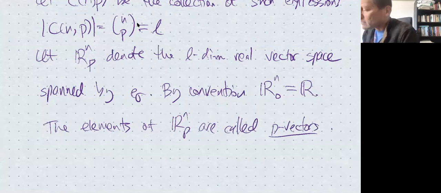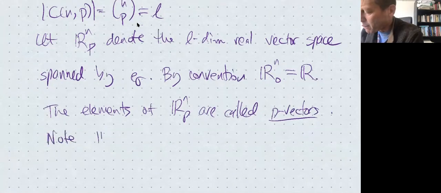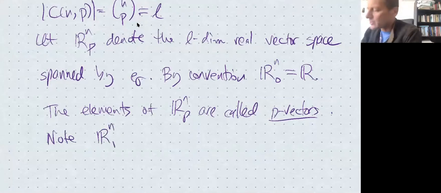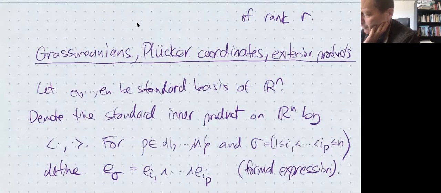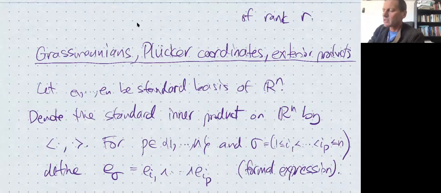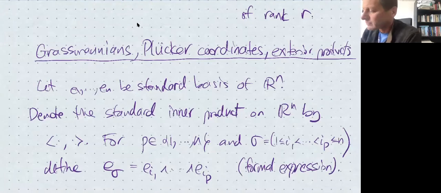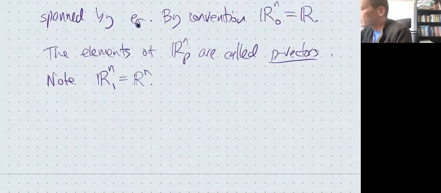And note also that if P is 1, we just recover the space Rn that we started with, because we're taking the formal linear combinations of the standard basis vectors, right? If P is 1, then the E sigmas are just these guys and we get Rn back.